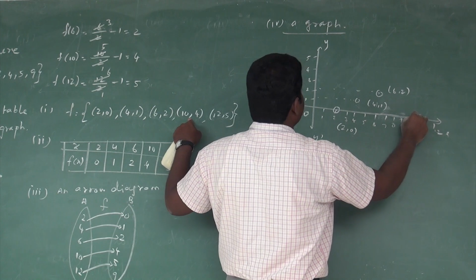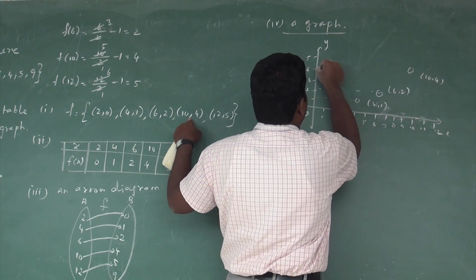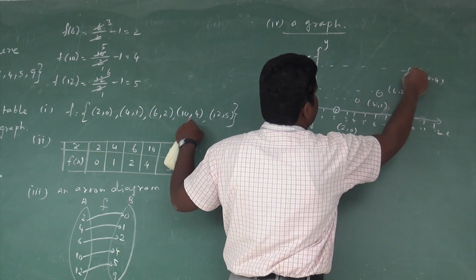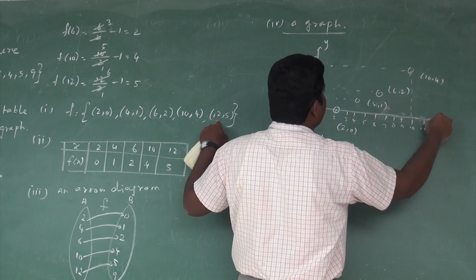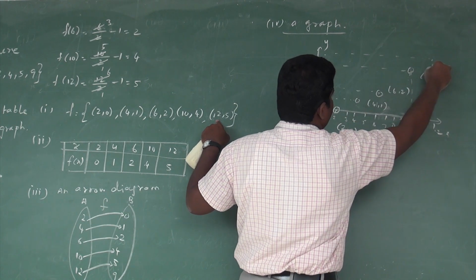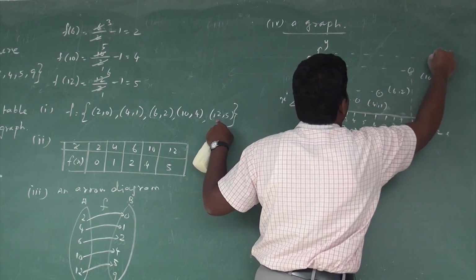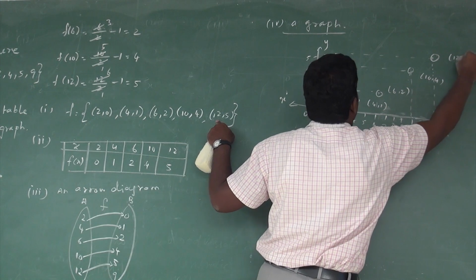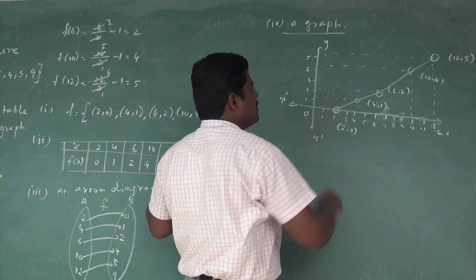X 10, y 4. Next point is 12, 5. X 12, y 5. This point is x 12, y 5. This is the graph.